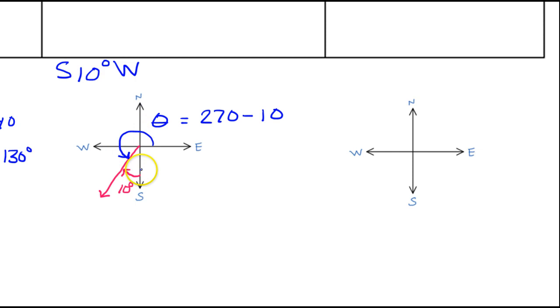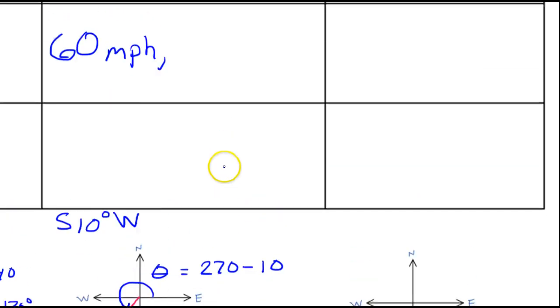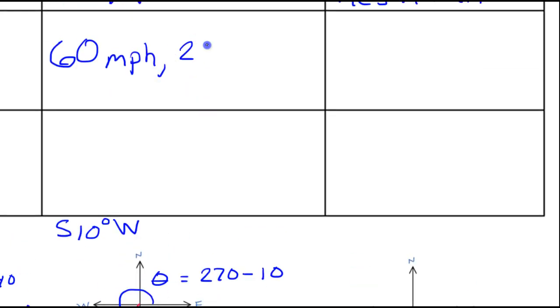If it had made it all the way to the south arrow, that would have been 270 degrees. But it had to stop short by 10. So 270 minus 10. So of course that means theta is going to be 260 degrees. That's the angle that we will need for our calculations.